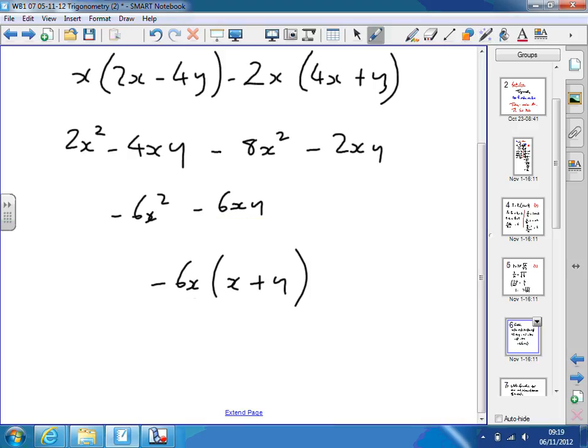So be careful again of the signs. Once you factorise, and you'll be doing this sort of thing in the assignments, I would always recommend that once you think you've factorised it, multiply this back out and check to get back to this again. Minus 6x times x is minus 6x squared, minus 6x times y is minus 6xy. So you can check that you've done it correctly. And that would be a simplified version.